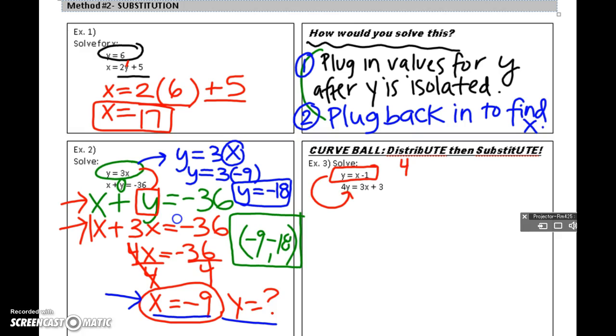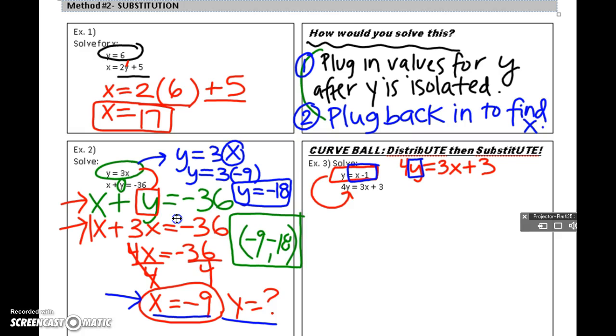My second equation is 4y equals 3x plus 3. We have two variables right now, so we want to get down to only x's or only y's. I'm going to plug in this portion of the equation, x minus 1, for the y in this part of the equation, so that I swap out all my y's for x's.